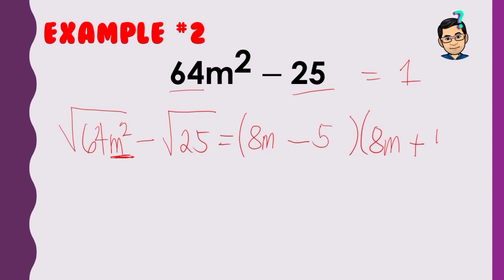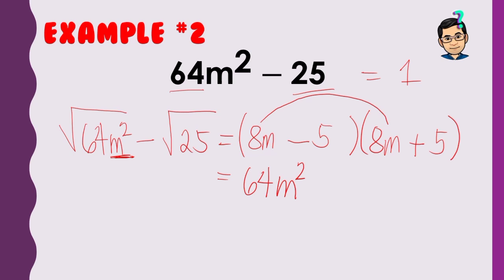So, 5. And then to check your answer if correct, so, perform natin yung FOIL method. First, outer, inner, last. So, since nga, difference of two squares, first and last lang tayo. So, una, 8m times 8m. So, that is 64m squared. So, ang exponent ng m natin dito is 1.